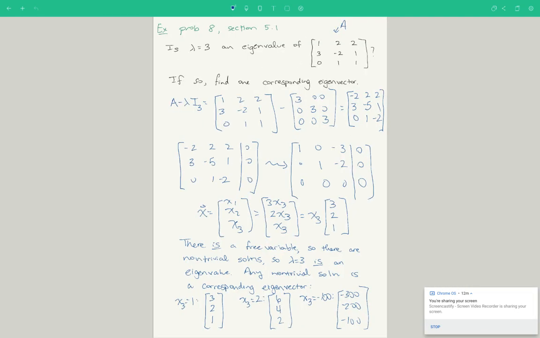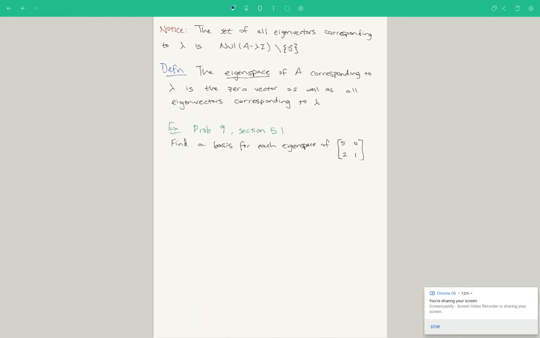So this is the null space of A minus lambda I. Well, it's not quite the null space. It's actually the null space minus the 0 vector, because the 0 vector we're not allowed to have as an eigenvector. But because the null space we already know is a subspace, we give this a special name. This is called the eigenspace of A. So the eigenspace of A corresponding to lambda is just that null space. It's the 0 vector and all of the other eigenvectors.